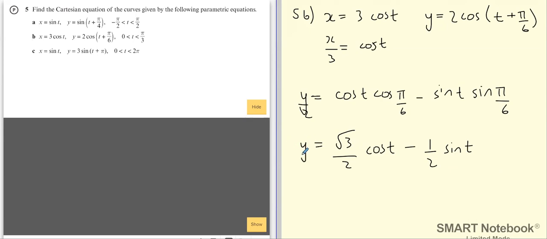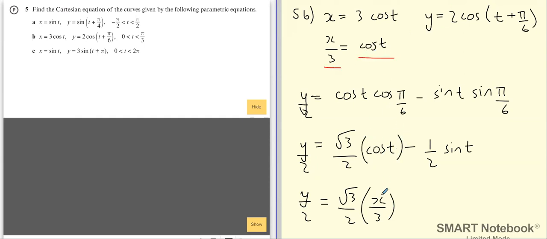And I've got y over 2 here. So I can say y over 2 equals root 3 over 2 cos t, and cos t is x over 3. So I've replaced cos t because cos t here was x over 3.